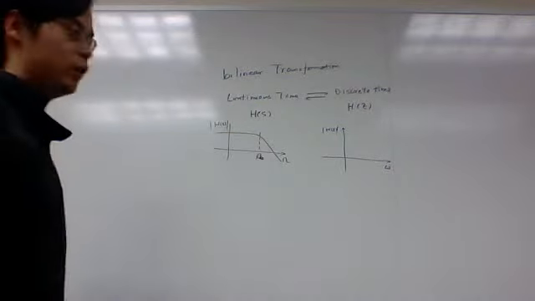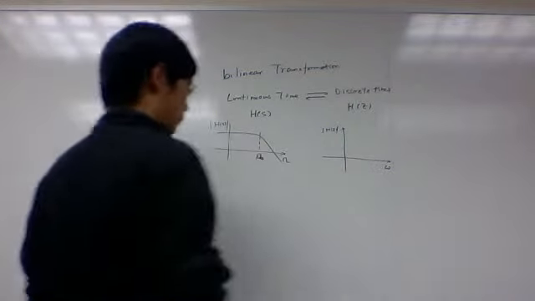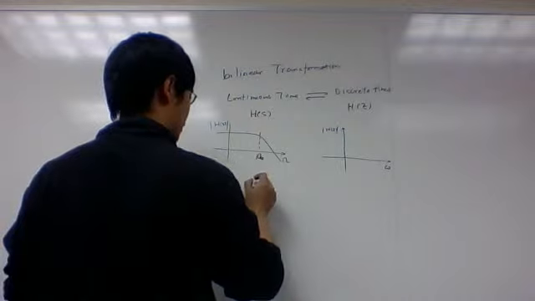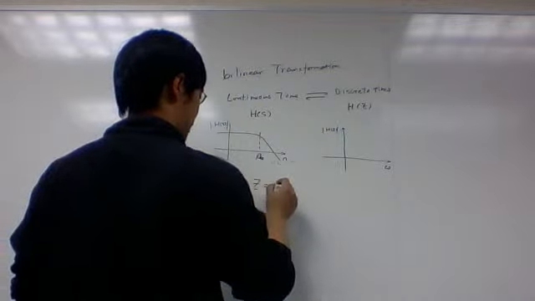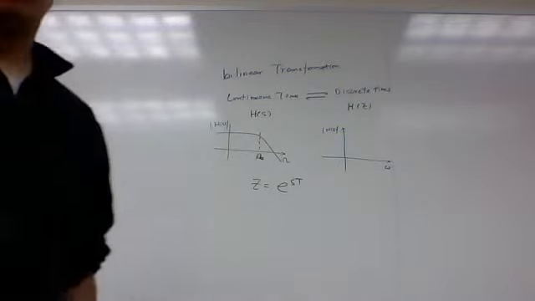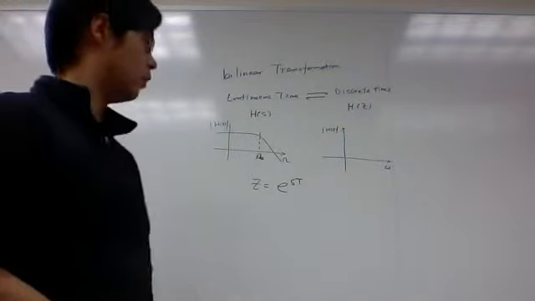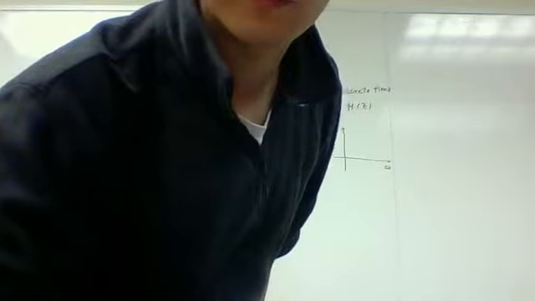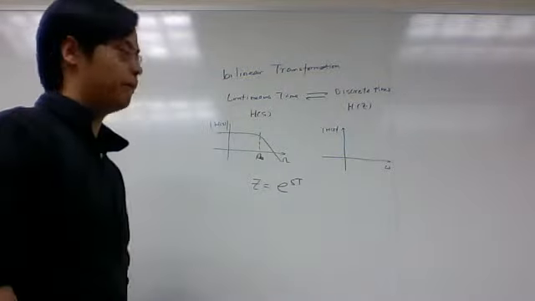So we need to translate between the two. This starts from our bilinear transformation, because z is defined as e to the sT. That is the definition of z.